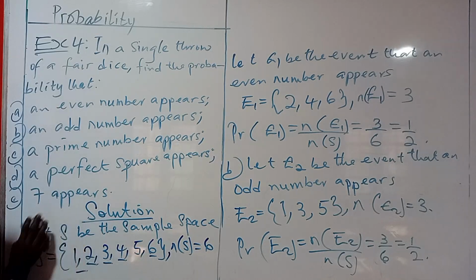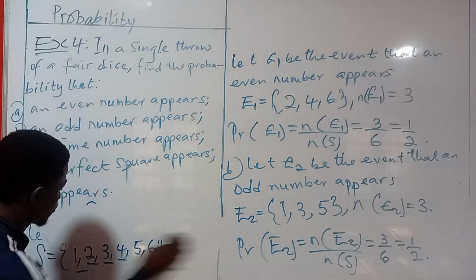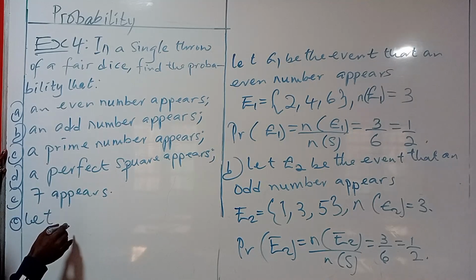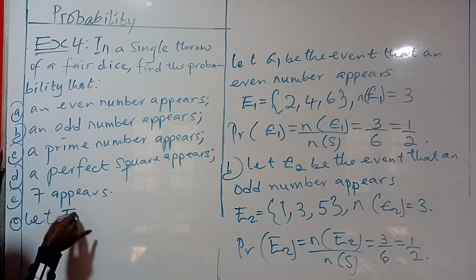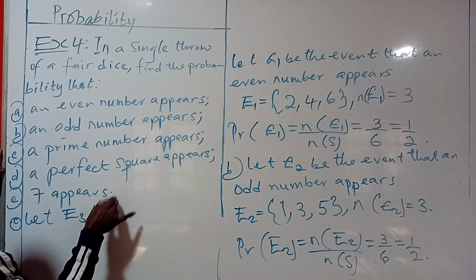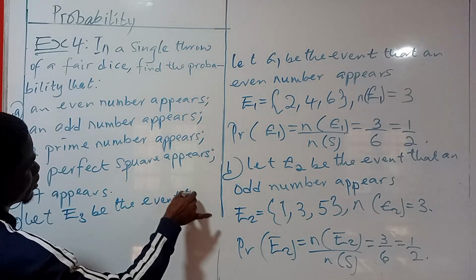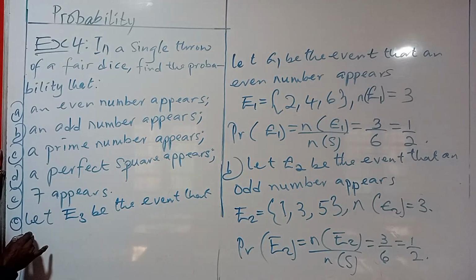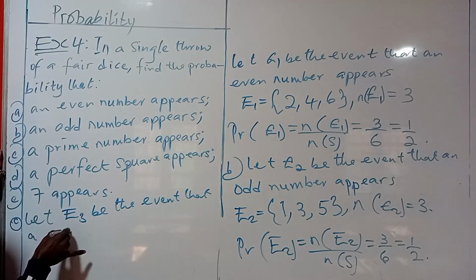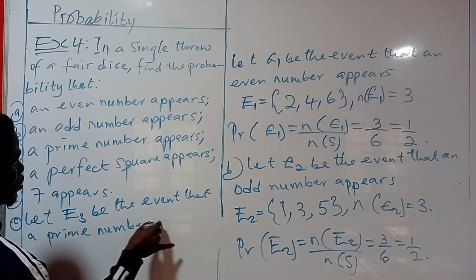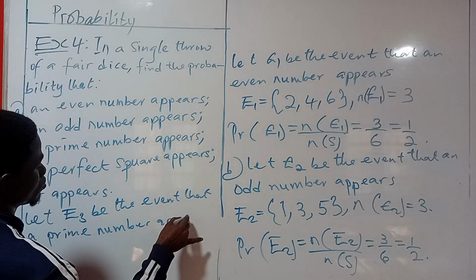Now a prime number appears, which is C. Same statement, let E3 be the event that a prime number appears.